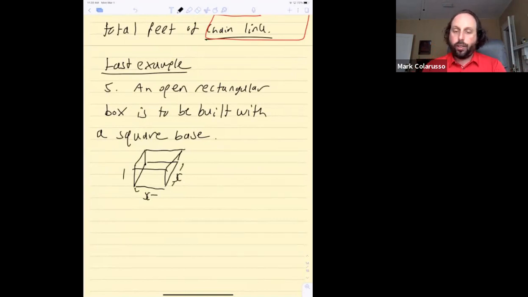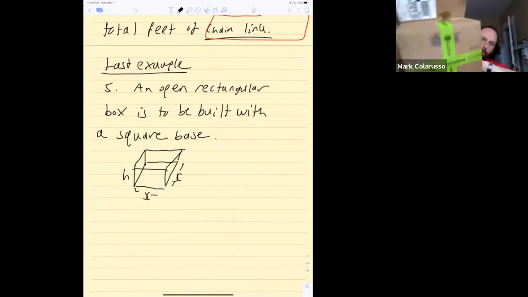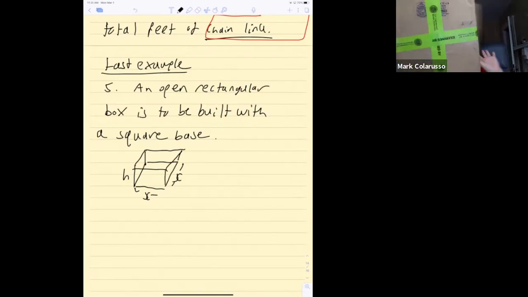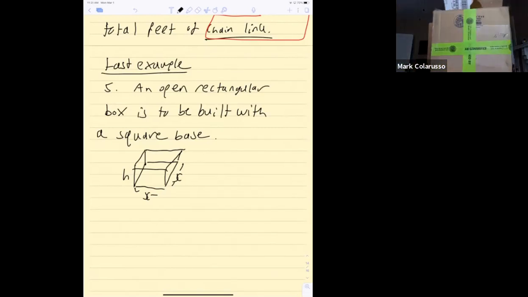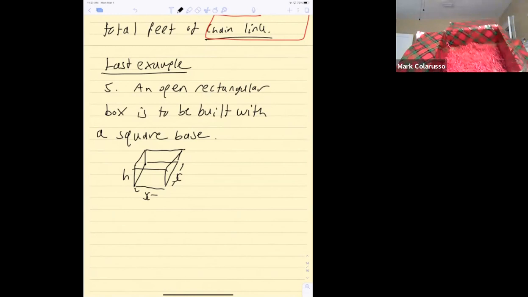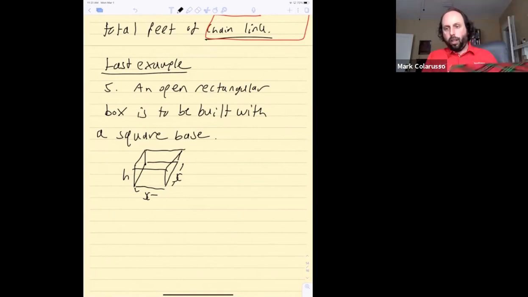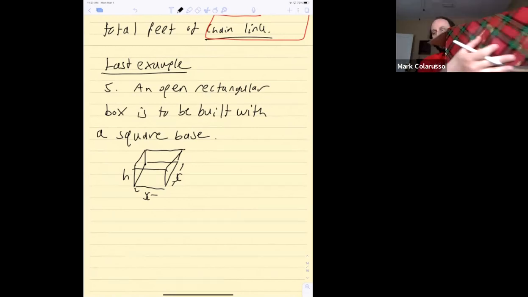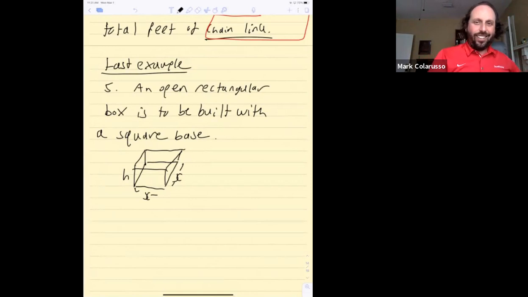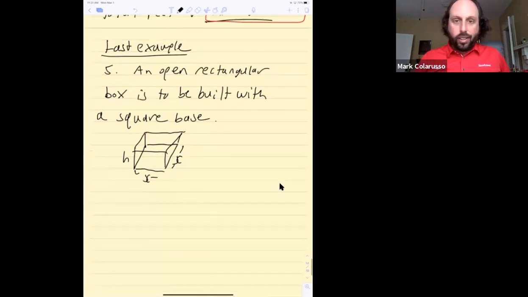And then the box has some height h, but it's open. Okay, so here, I brought a prop. Here's an open box with a square base. It was used to receive a Christmas present. You can see it's kind of Christmassy. And I kept it around because the cats were playing with it for a while, and then they eventually lost interest. Okay, but anyways, it's a good prop for this question, this video. Okay, so there it is.